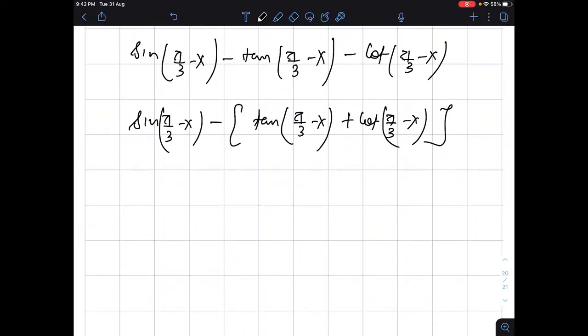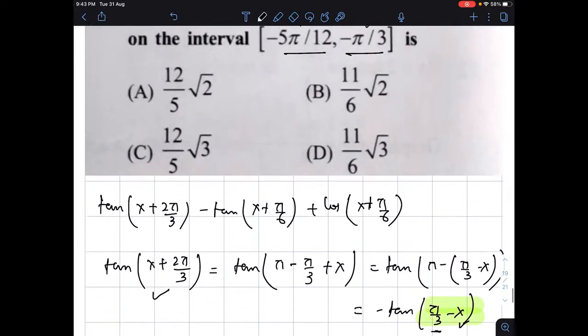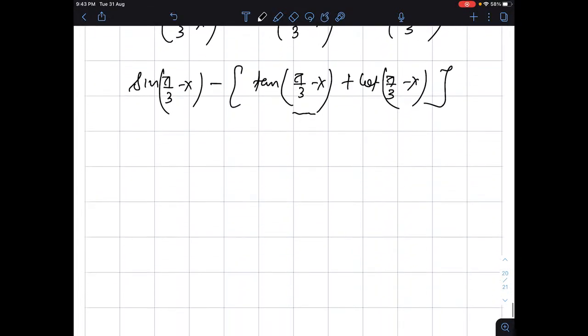So to get the greatest possible value for this expression, we would have to maximize the value of tan, because tan is an ever increasing function we know. Cot is also increasing, sine is an increasing function in that interval which we are talking about. So we'll keep x equal to minus pi by 3 over here.